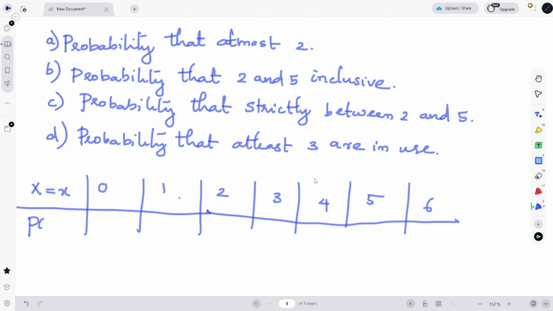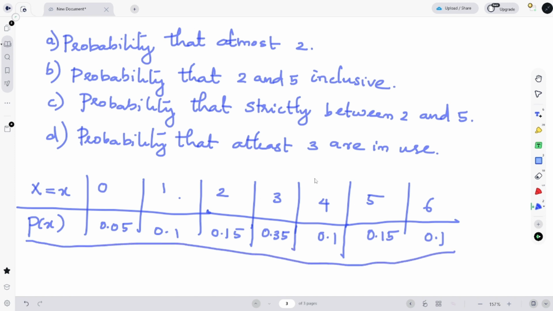Then the corresponding probabilities are also given: 0.05, 0.1, 0.15, 0.35, 0.1, 0.15, 0.1. So the probability mass function is given in the question. So you have to find the answers of each question.